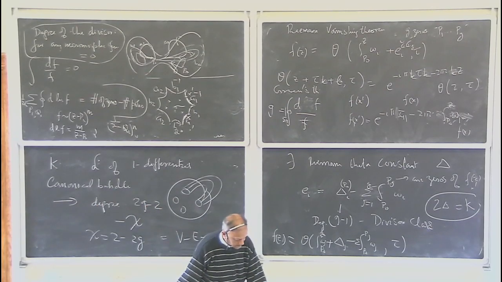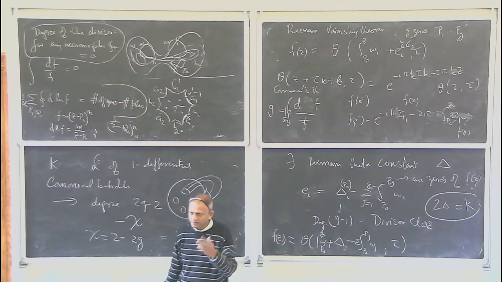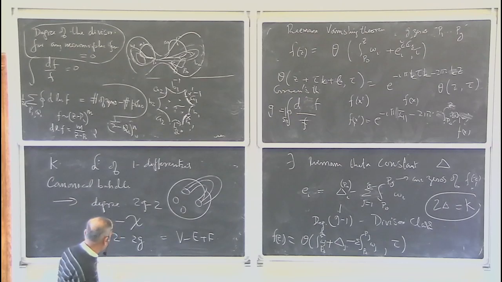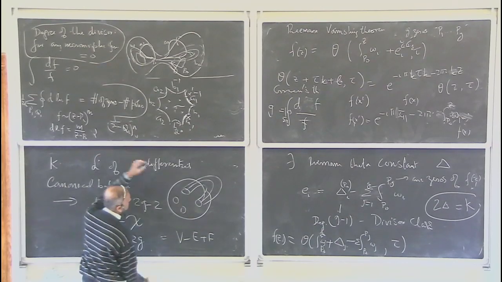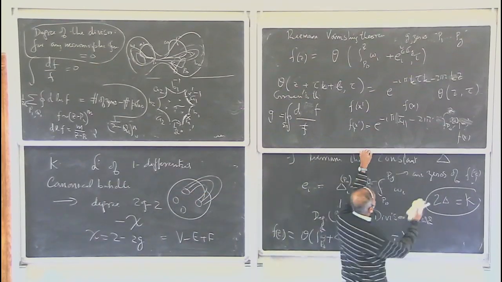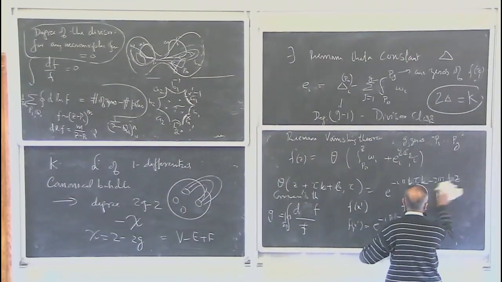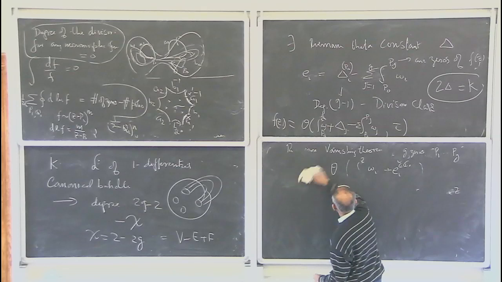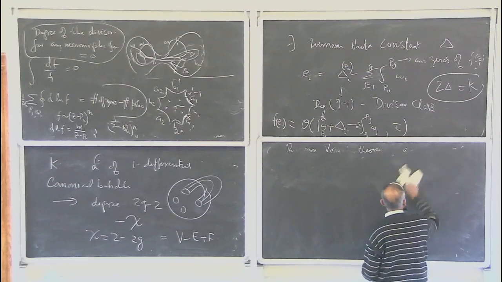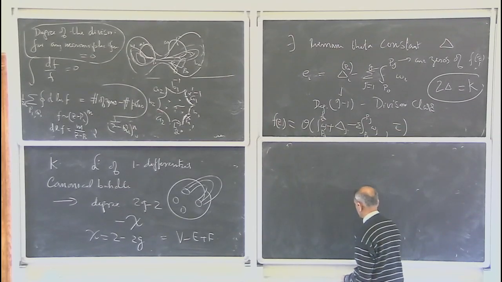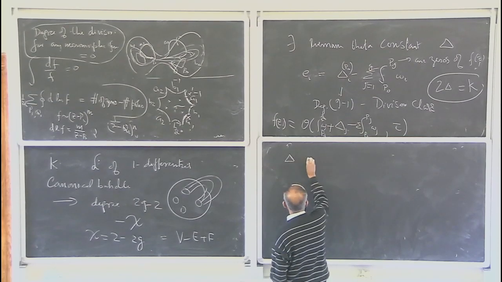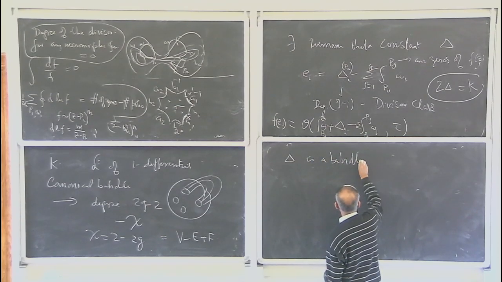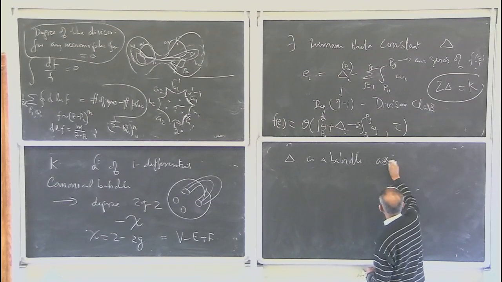So that is why this delta plays a very important role in all these correlation functions. Delta is one of them. So the conclusion from this, okay, I'm being very quick here, but the conclusion is that delta is a bundle associated with the spinors, a bundle associated with the half differential.